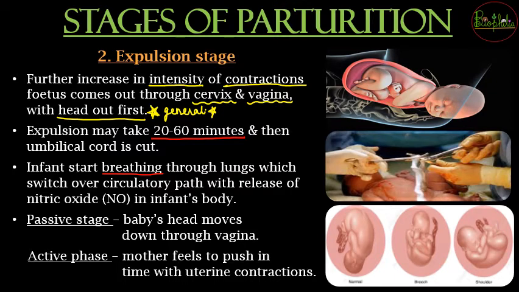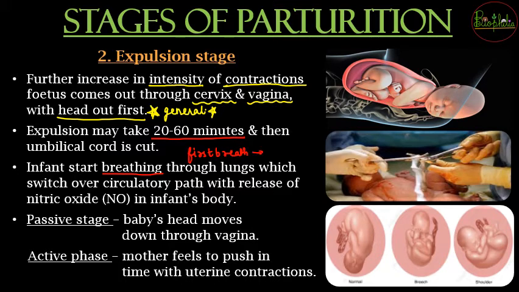Once the baby is out of the womb, there is no oxygen and carbon dioxide exchange happening through the placenta, so now the baby has to start using his or her own lungs. The first time the lungs have been opened up, the first time the baby takes a first breath, that first breath is nothing but the first cry of the baby.